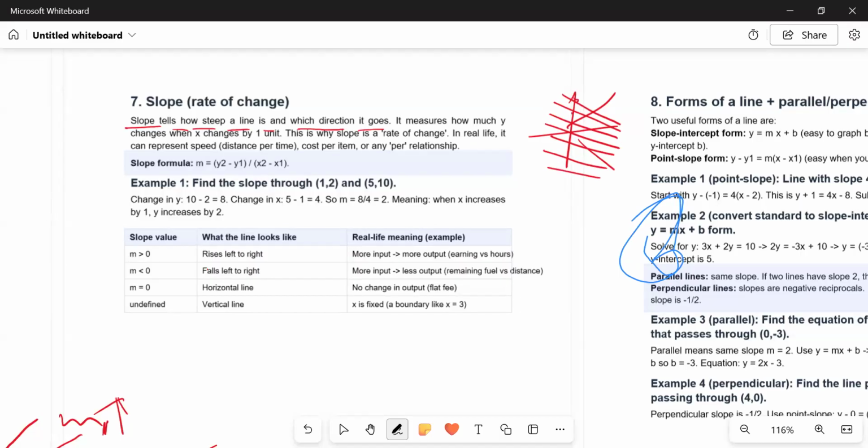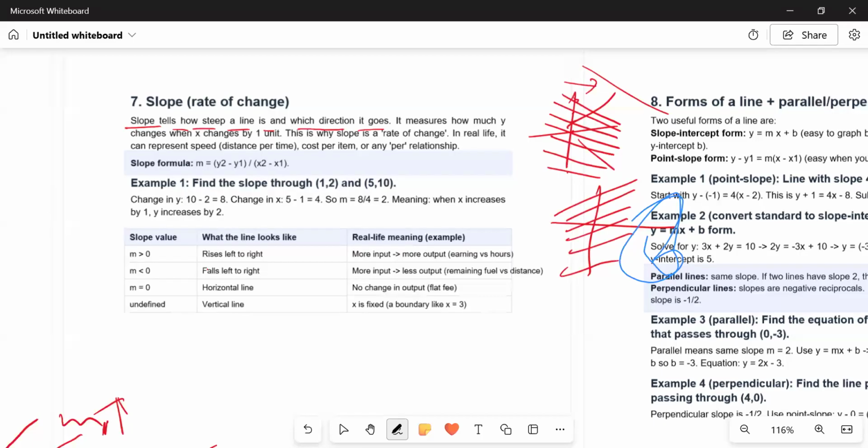These are the intercepting points, and it will depend on the value of c. But if the slope is negative, it's always going to be like this. From left to right, it is going to be in a decreasing pattern. And if the value of m is positive, from left to right, it is going to show an increasing pattern. So it will look like this.